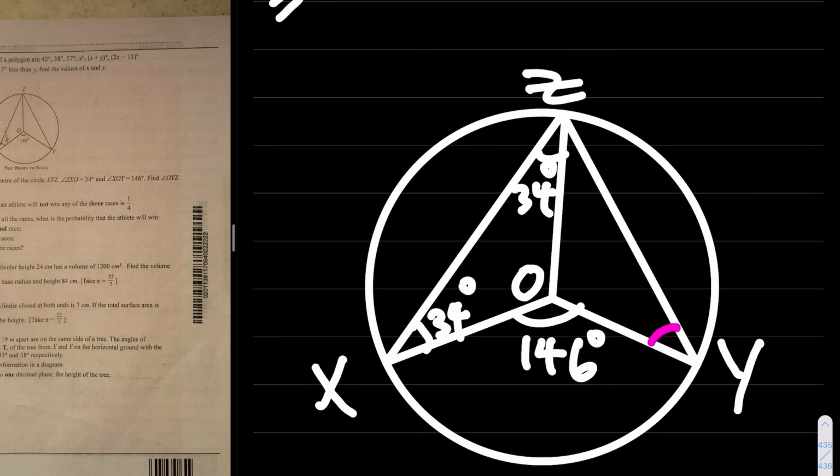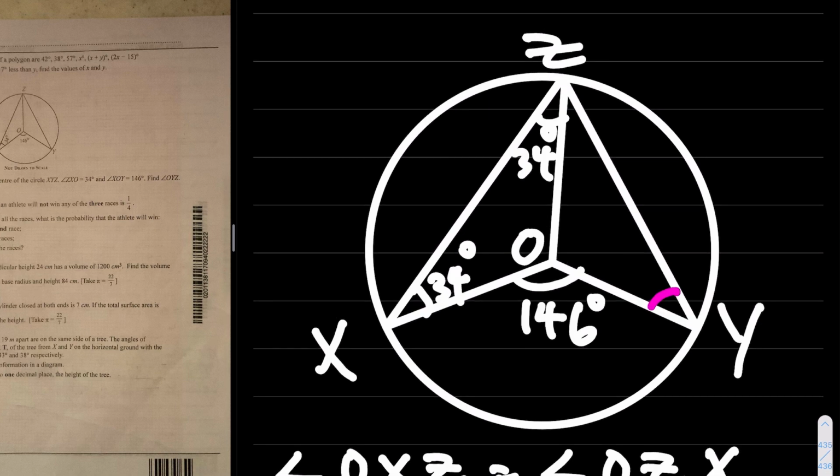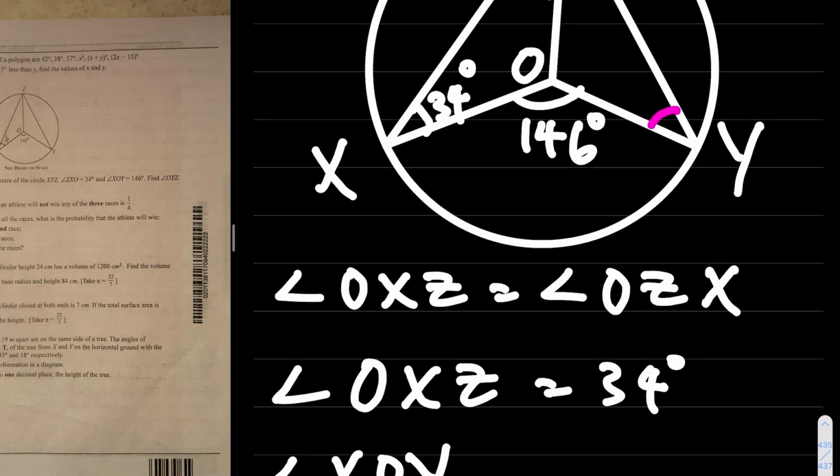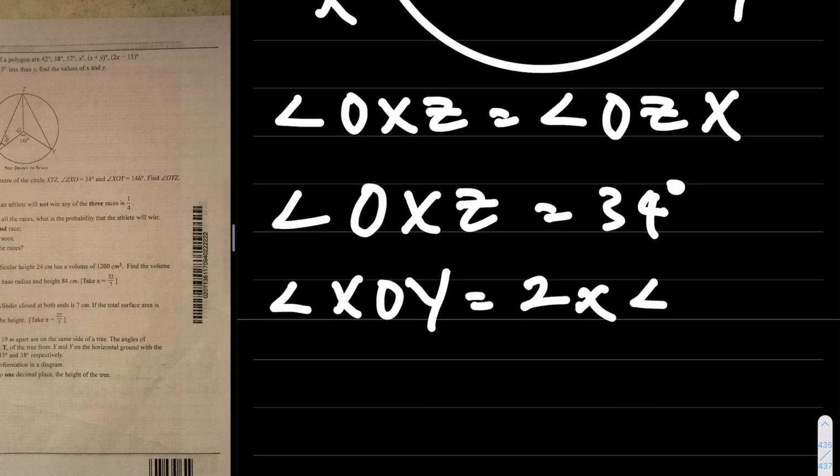Now I want to find angle XZY. I know that angle XZY is half of angle XOY, and the reason for that is angle at center is twice angle at circumference. So angle XOY is 2 times angle XZY.